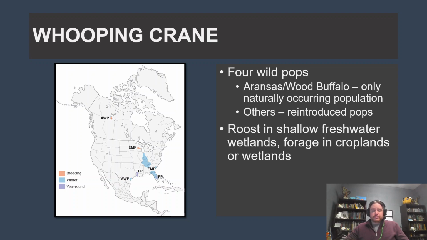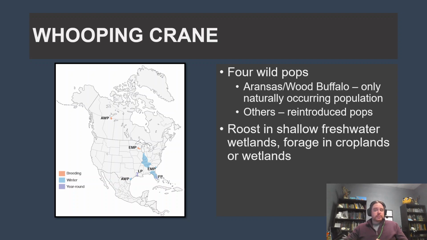And you see that it's a migratory species. You see the AWP population having its natural breeding grounds in Canada and its wintering grounds in Texas. Then you also see this reintroduced population having a breeding ground and a wintering ground.